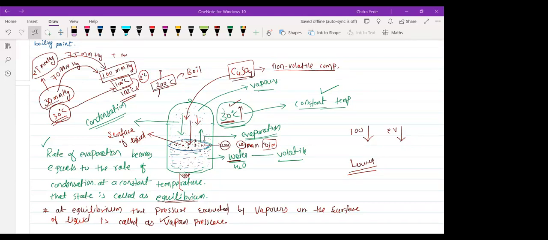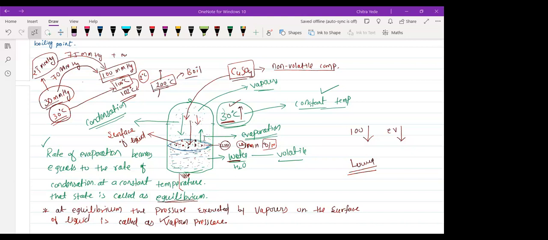So water used to boil at 100 degrees Celsius, but after adding copper sulfate or any non-volatile solute, it is going to boil above 100 degrees Celsius. It may be 101, 102, or 100.5 degrees Celsius, but it will boil above 100.